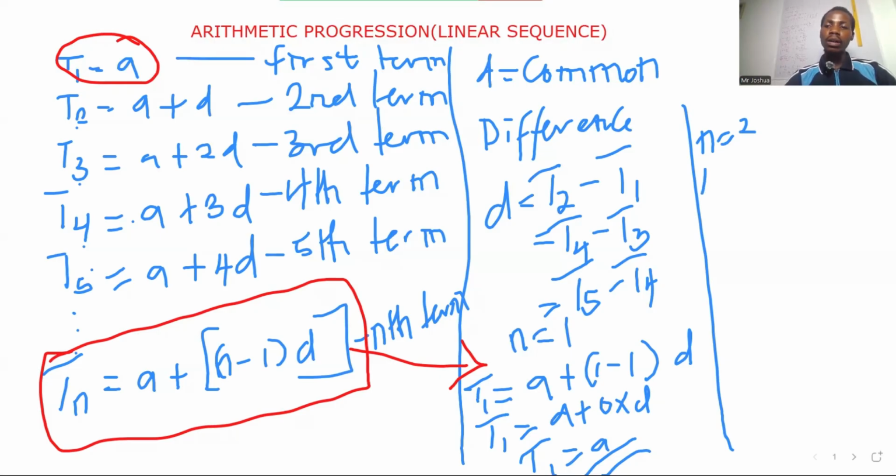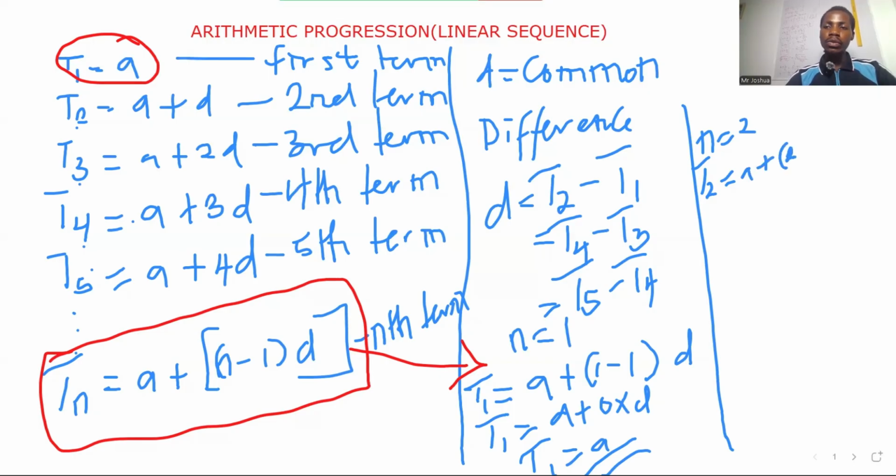So let's take our n to be 2 using that same formula. That means we're going to have T2 equals A plus open bracket.